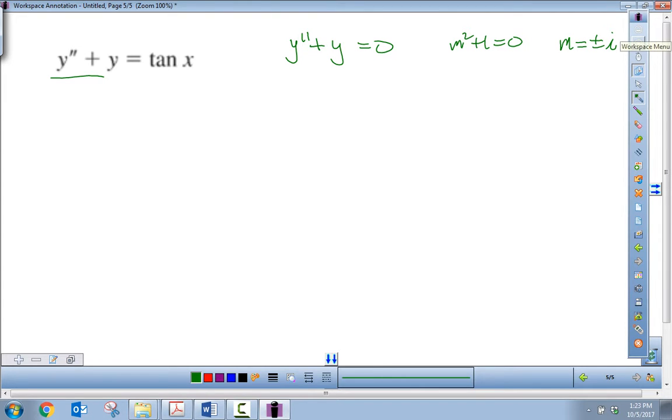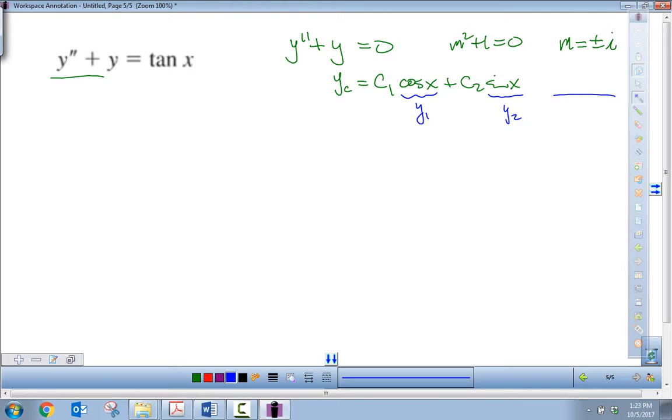We've got conjugates, imaginary numbers, so we're sine and cosine, coefficient is 1. So y sub c is equal to c1 cosine x plus c2 sine x. And we can designate each of these to be your y1 and y2 when we get into the other part. So that part's easy. That was your quiz, essentially, right? A couple of these things.